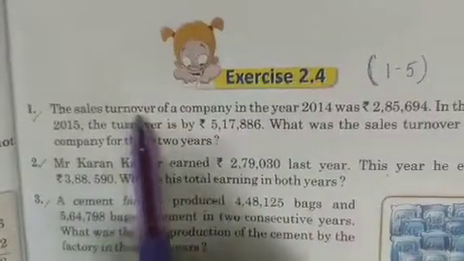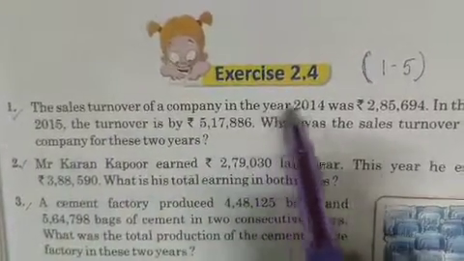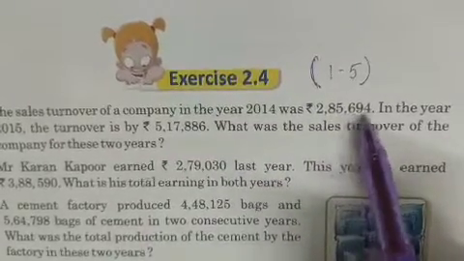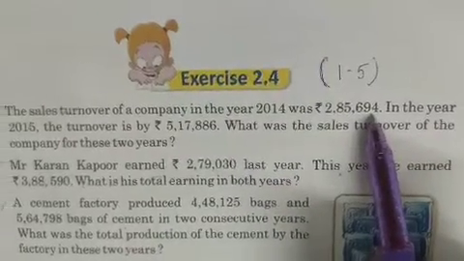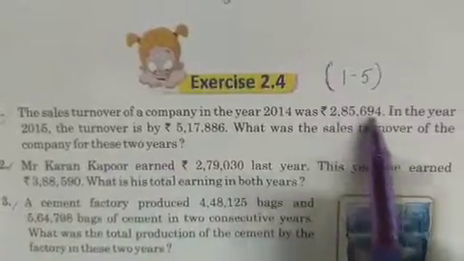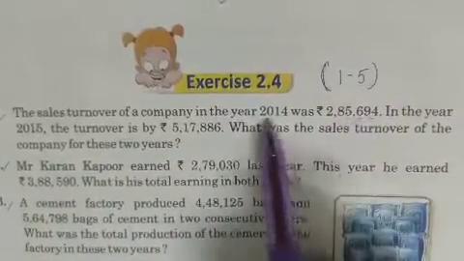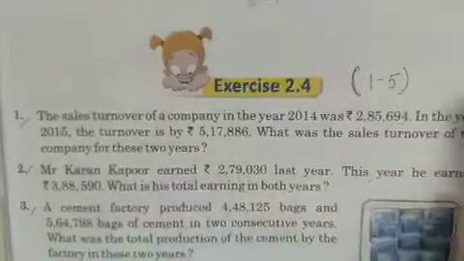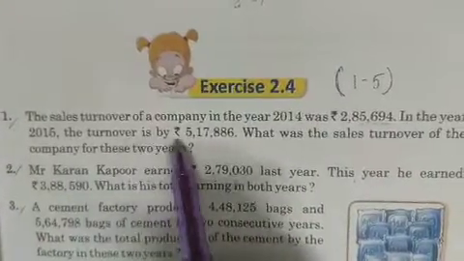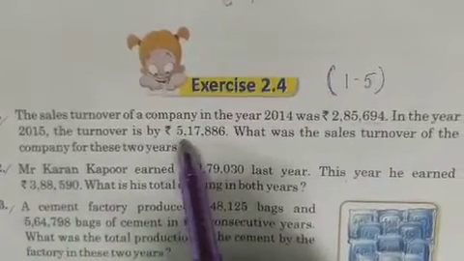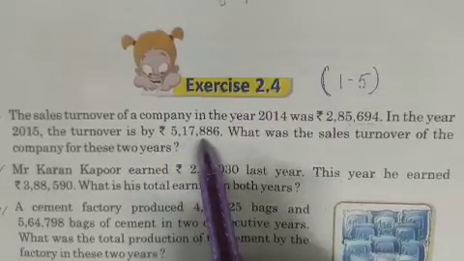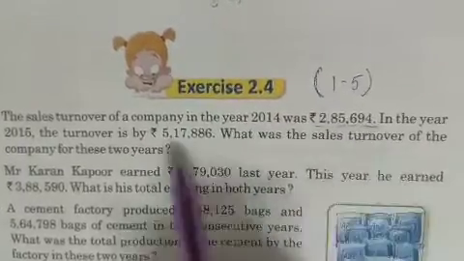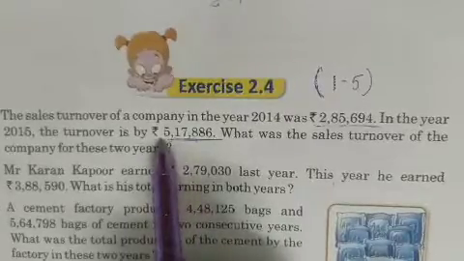The sales turnover of a company in the year 2014 was 2,85,694. Okay, means this much sale they have done in 1 year, that is 2014. In the year 2015, means next year, the turnover was 5,17,886.